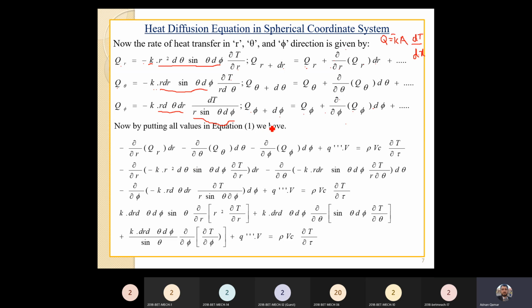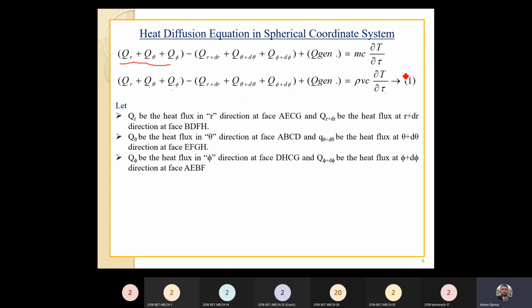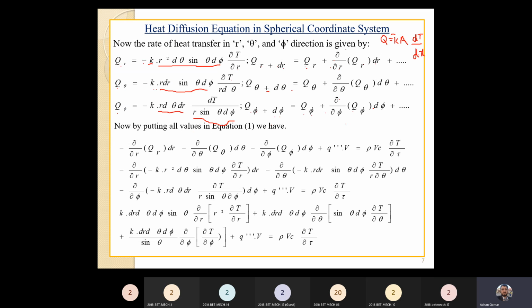Now by putting all values in equation 1, if you put the values of qr, q theta, q phi and qr plus dr, q theta plus d theta and q phi plus d phi in this equation, keeping this term the same, you will get this final term, because q and q, theta and theta, phi and phi would be cancelled out.